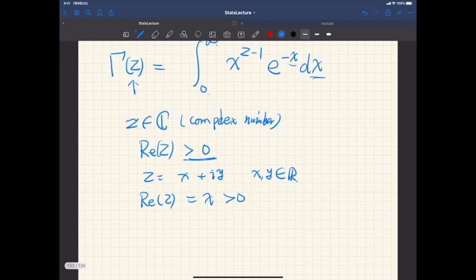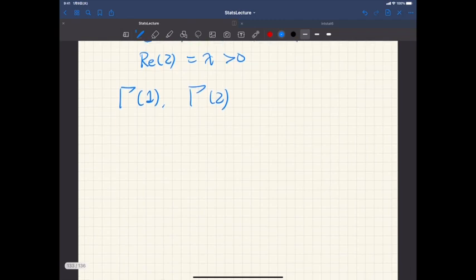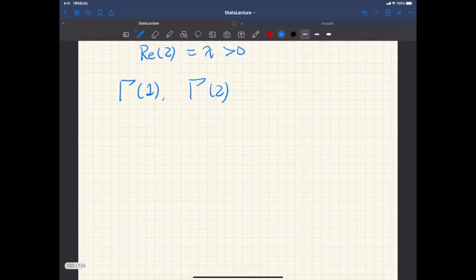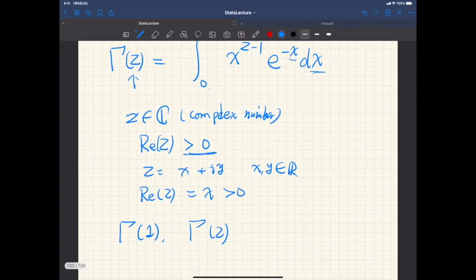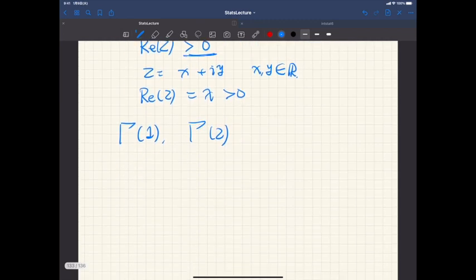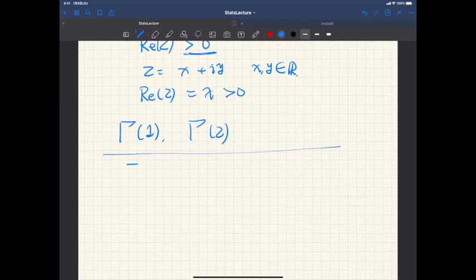You should try to calculate these values, Γ(1), Γ(2). What do you find? And actually there is an interesting recursive equation for this gamma function. That is Γ(z+1) is equal to z times Γ(z).